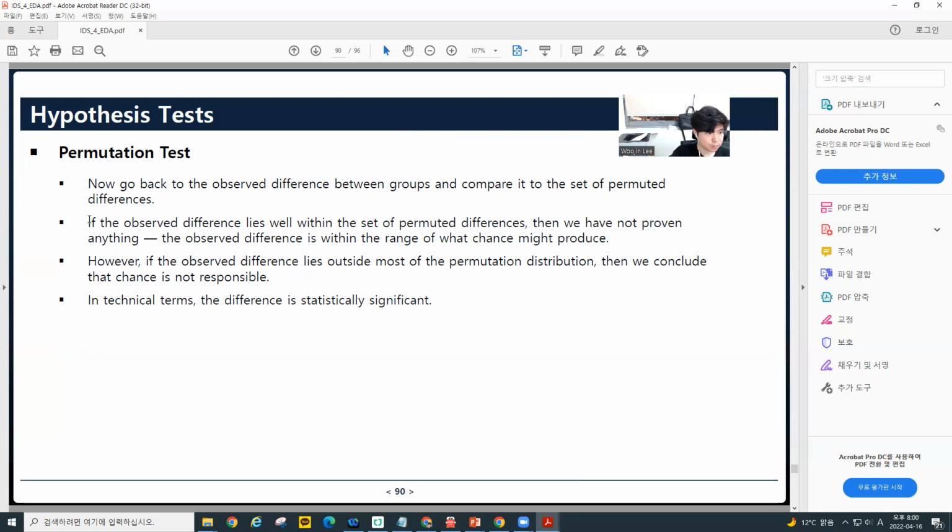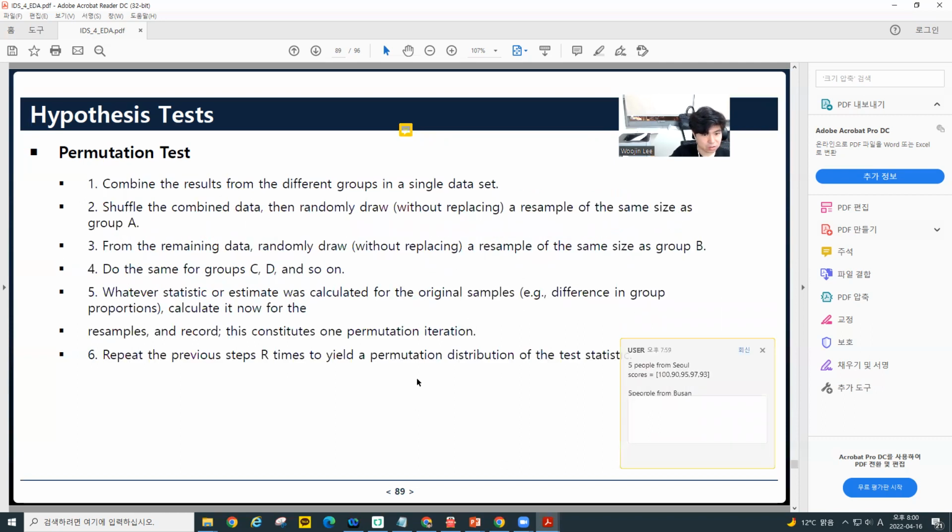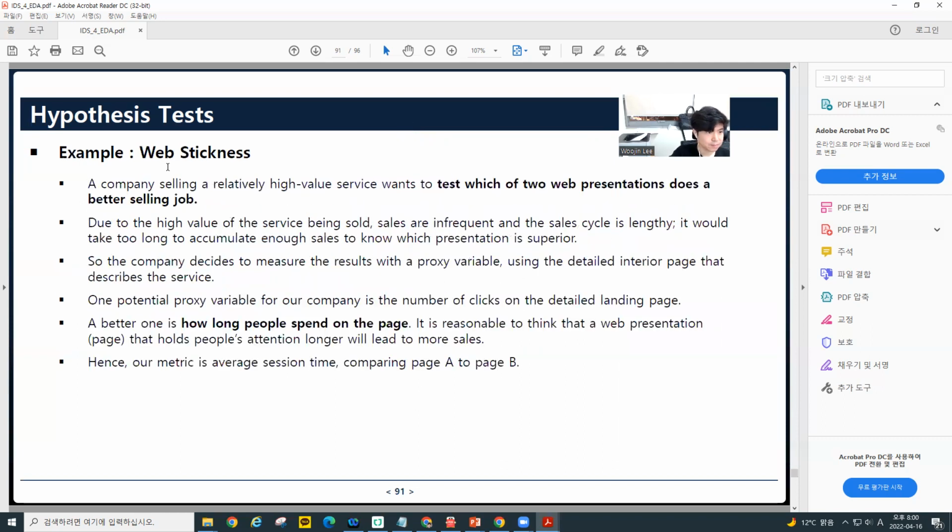And if the observed difference lies within the set of permuted differences, we have not proven anything. So we have to find whether the observed difference is bigger or smaller, and how much this difference can be explained by the permutation distribution that we made.